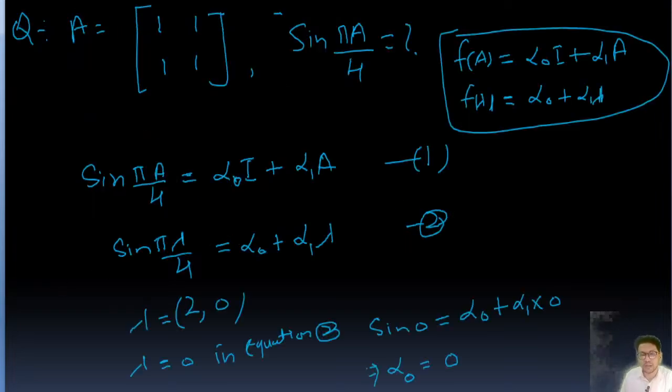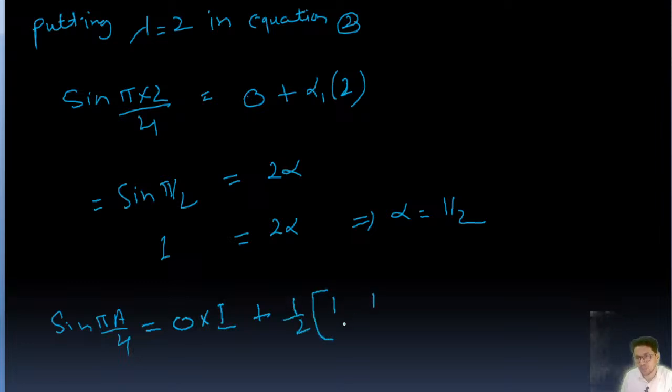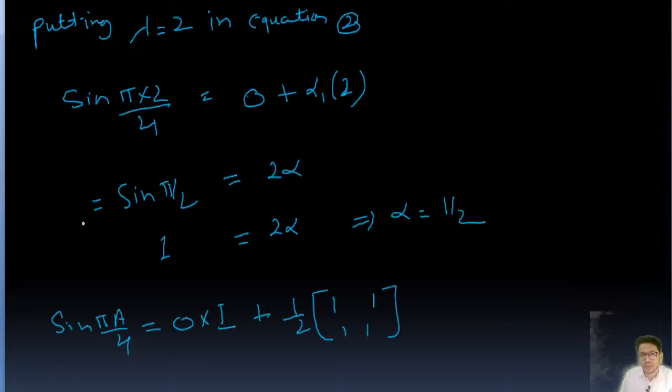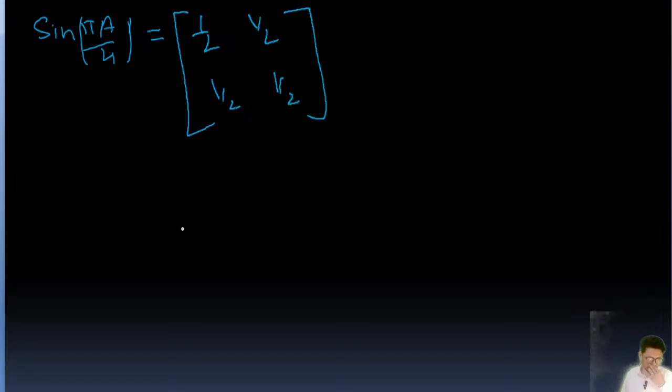Now we'll put the values of alpha naught and alpha 1 in equation 1. So sin(πA/4) is 0 into I plus alpha 1, which is 1 by 2, into A. The value of A is [1 1; 1 1]. The identity term is a 0 matrix, so it is [1/2 1/2; 1/2 1/2].